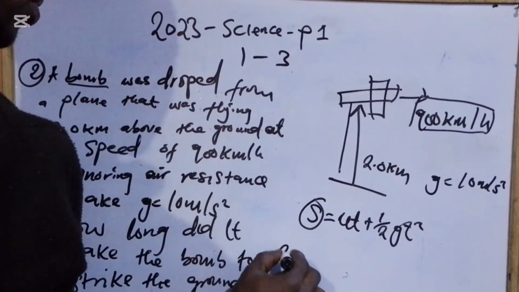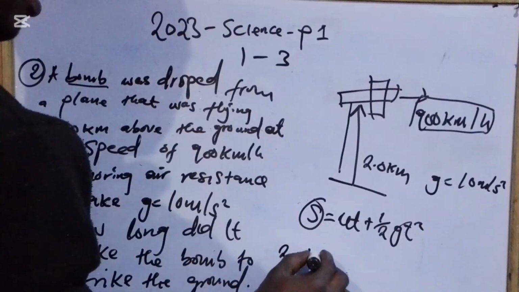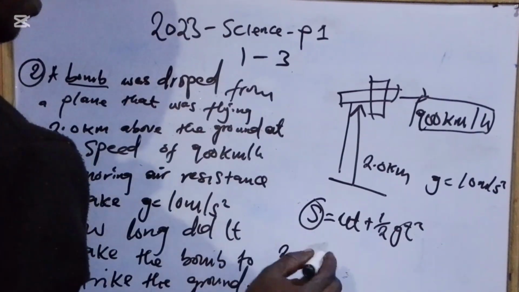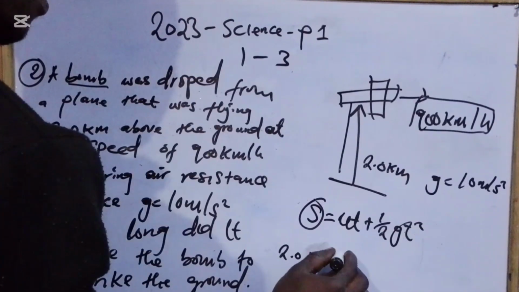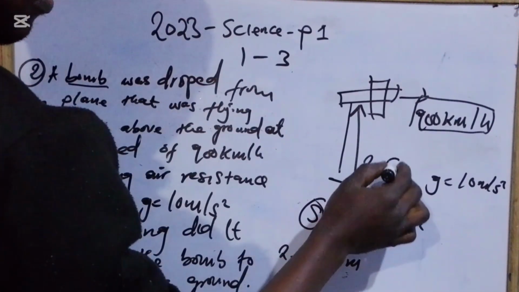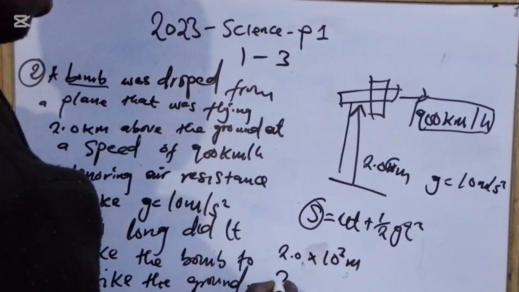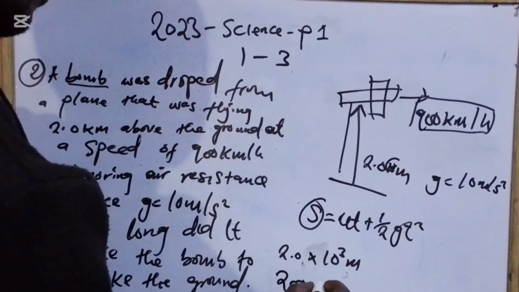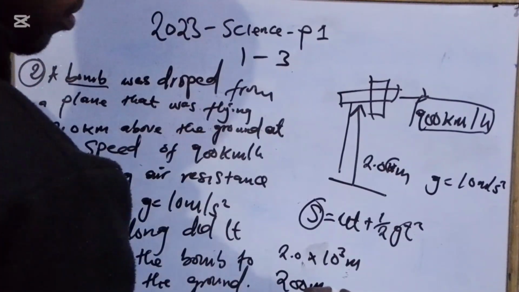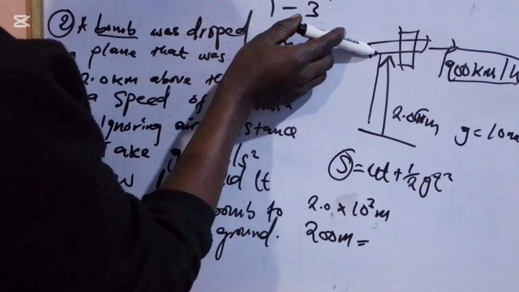We say 2.0 kilo is made up of 10 power 3, so 2.0 times 10 power 3 meters, where we have substituted kilo with 10 power 3, which gives 2000 meters.